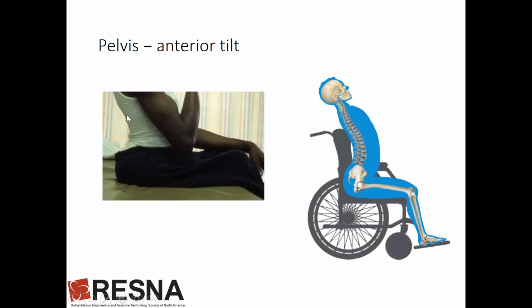Some of the kids with muscular dystrophy just don't want any contact back there, and they often don't like it. So when you're doing your trials, sometimes if you put too much contact, it'll make them go even more forward. So the anterior tilt is often a result of stability. You don't have trouble with pressure distribution, but you have this arching, and then you can create some visual field challenges.